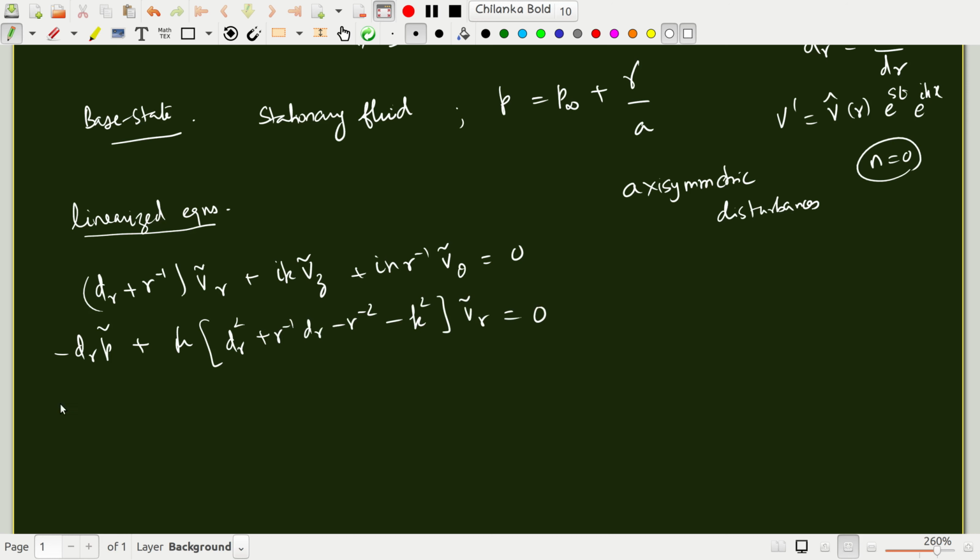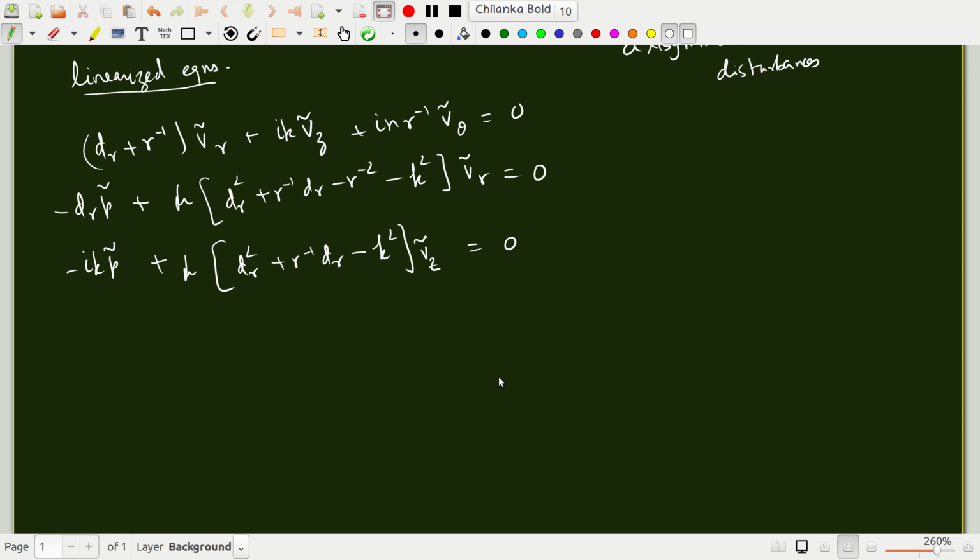Then the z momentum equation. These are all straightforward applications of the normal mode expansion to the operators in the cylindrical coordinate system of the Stokes equations. Then the theta momentum equation.